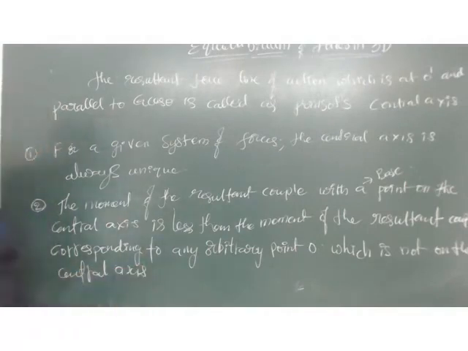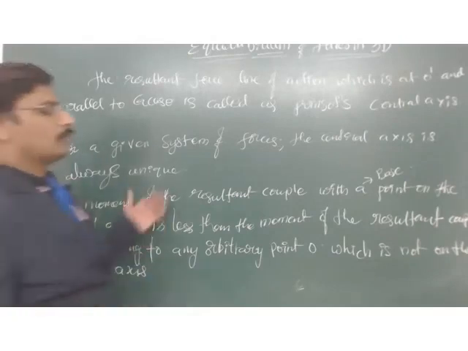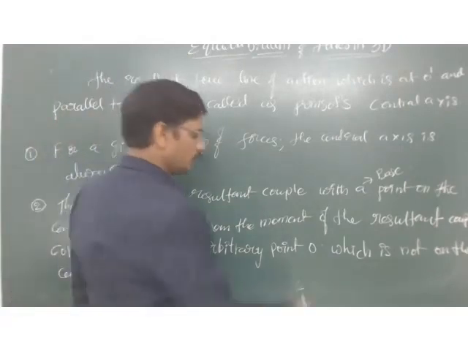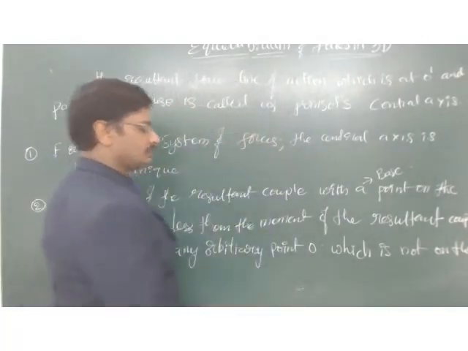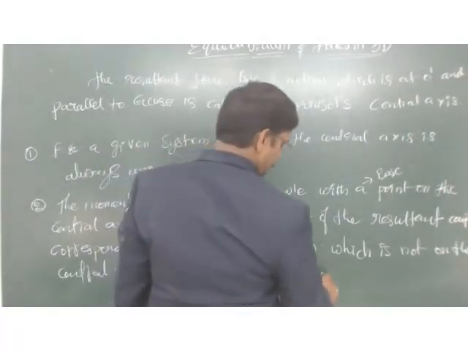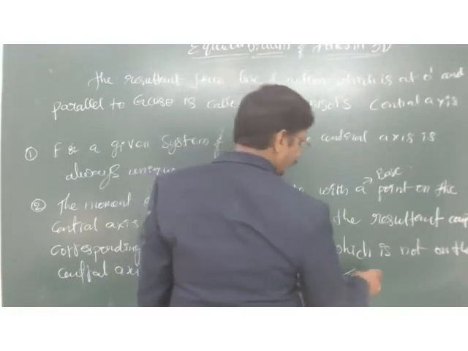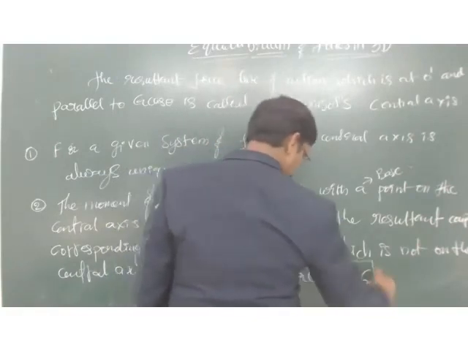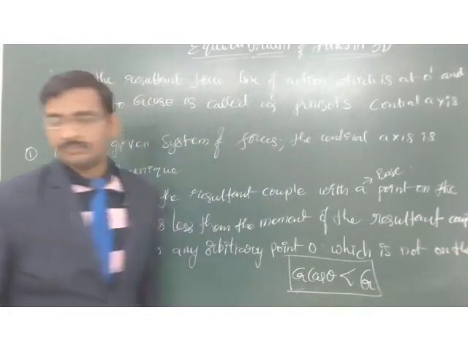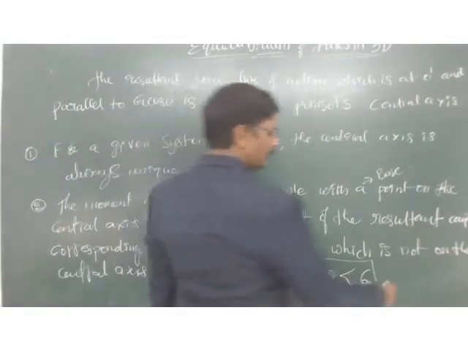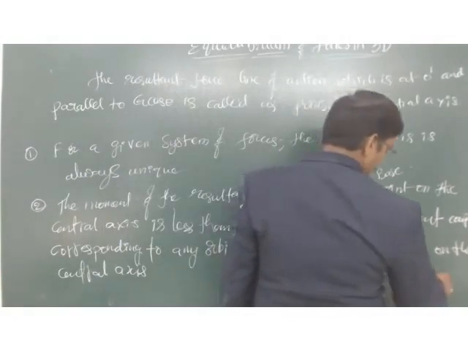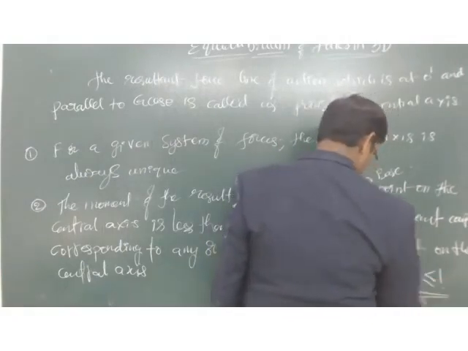That means if you take the base point on the central axis, the moment will be less, because the moment along the central axis is G cos theta, and G cos theta is always less than G. Got it? G cos theta is always less than G, because cos theta is always less than or equal to 1.